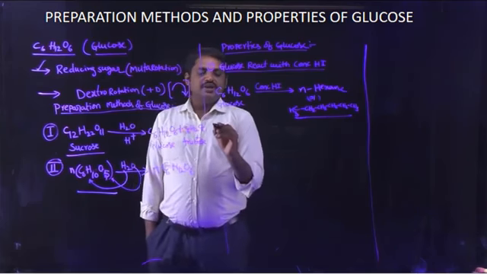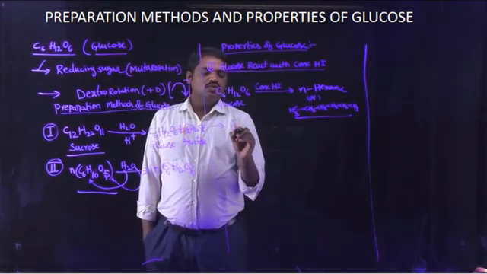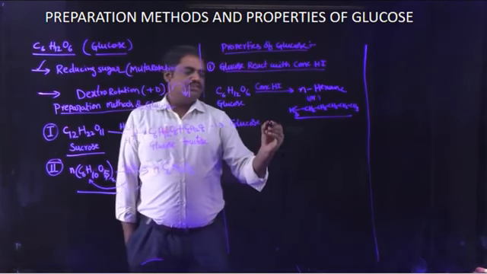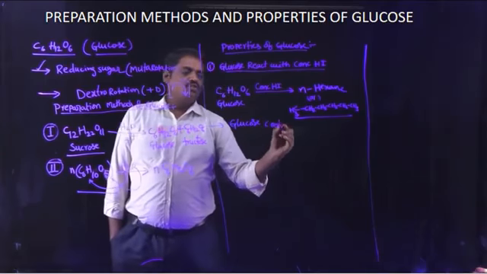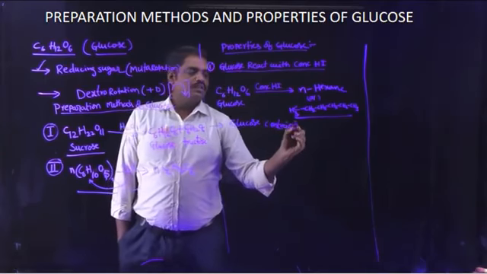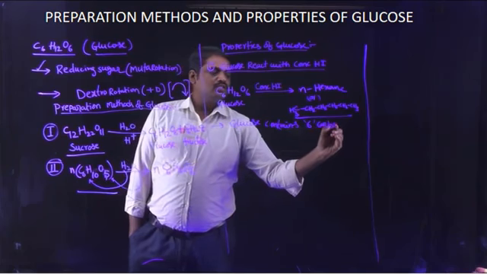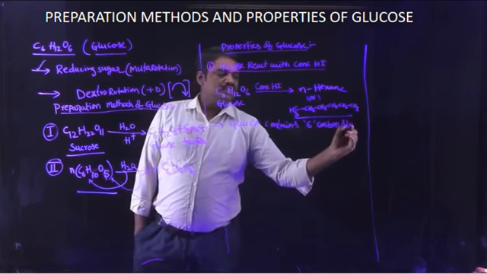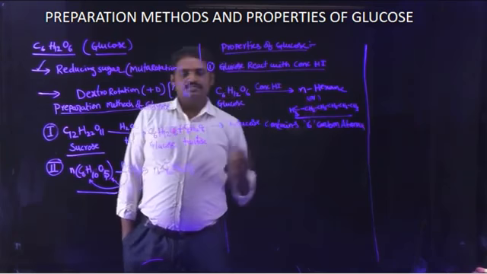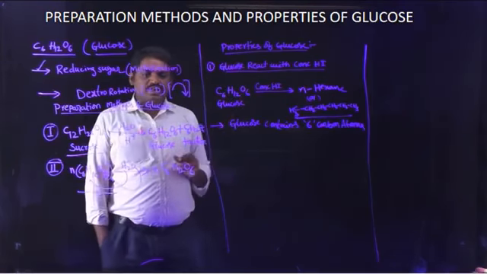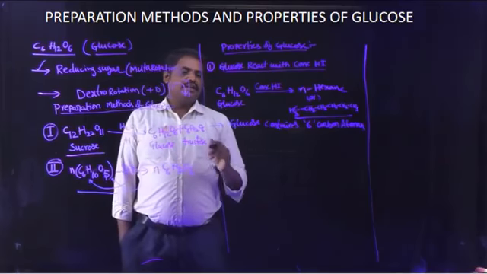This shows that glucose contains 6 carbon atoms.